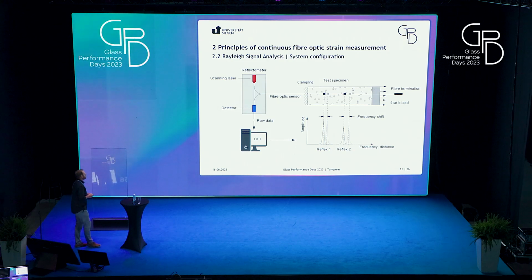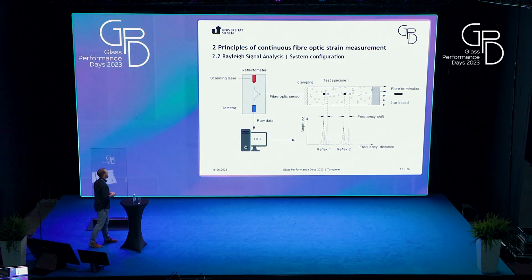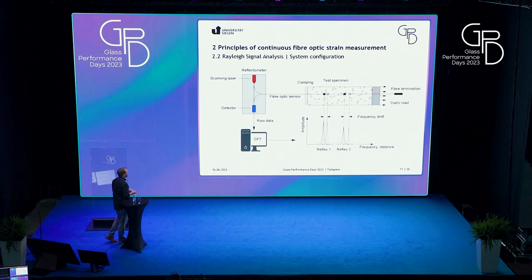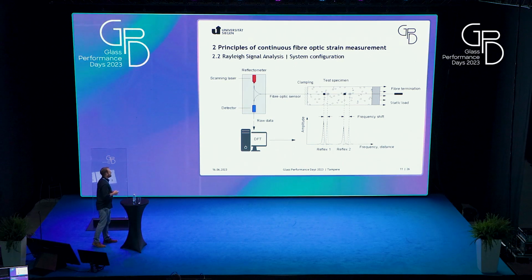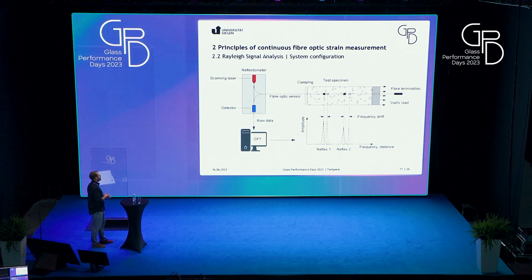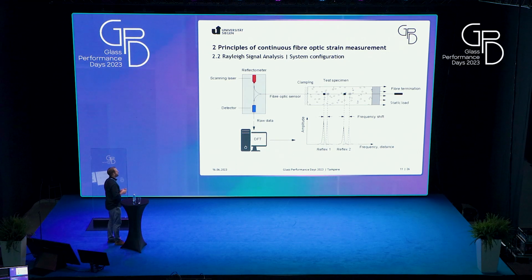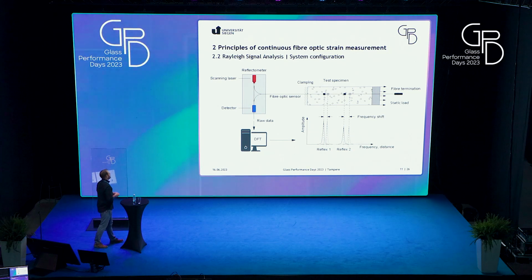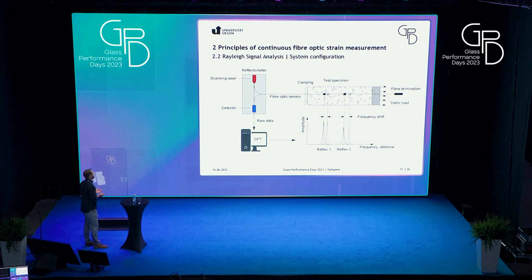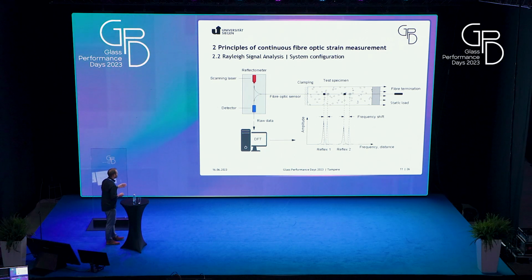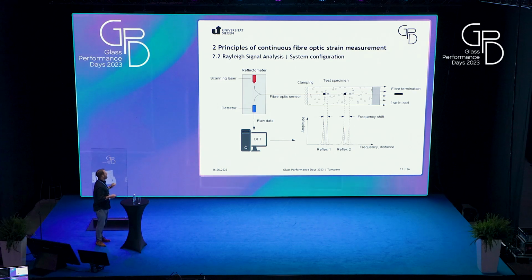Okay, this setup is developed at our lab. You can see the test specimen that is clamped on the left and stretched on the right by a static load. And the reflectometer, that is the gray box, includes a scanning laser and a detector, and the reference fiber that is between the reflector and the detector.